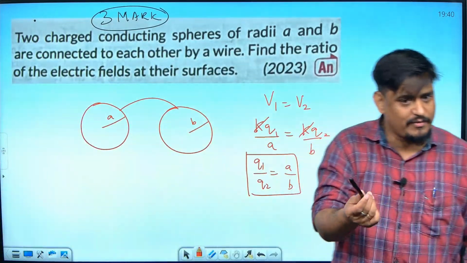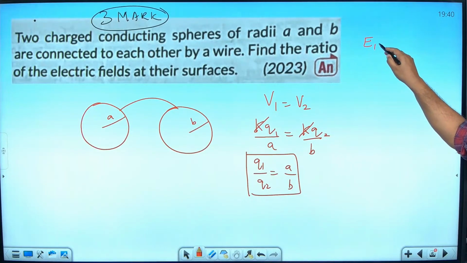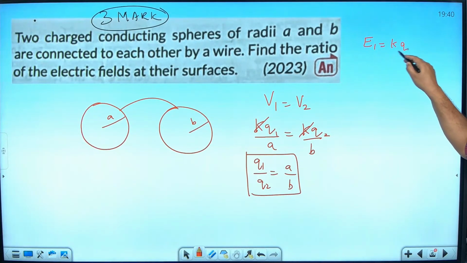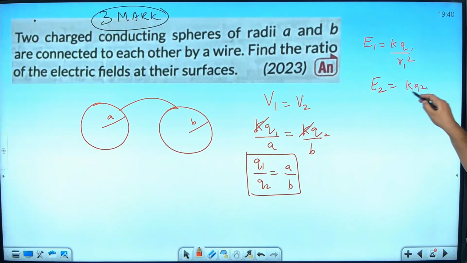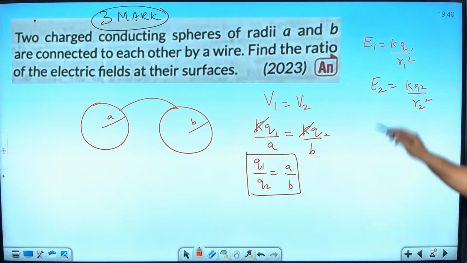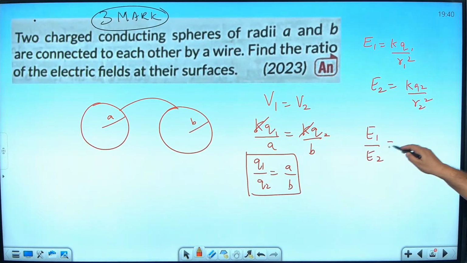That formula also we have. What is the formula of electric field? Electric field at surface E1 will become equal to KQ1 by R1 square. And what is electric field for the second? KQ2 by R2 square. Now it became simple because they are asking you to find the value of E1 by E2, and K will get cancelled. It will become Q1 by R1 square into R2 square by Q2.